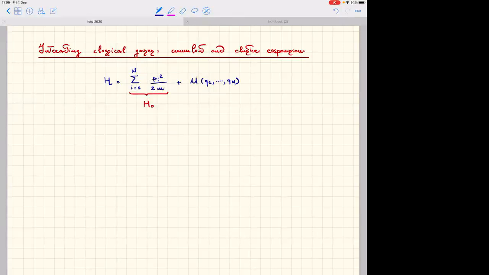The interaction part is typically taken as the sum of pairwise interactions among the particles, so-called two-body interactions. Each pair of particles in this sum has an interaction potential V, and of course this sum is taken over all pairs.